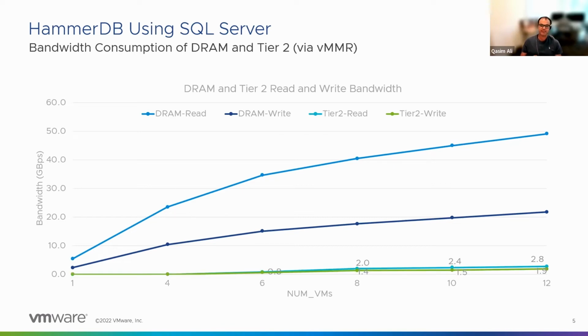If you see these bottom two lines, which are the read and write bandwidth, the read bandwidth starts to hit close to 3 gig if you look at the 12 VM data point, and then 1.9 for the write. This slow increase in the consumption of bandwidth indicates that your active data set is lying in tier 2.